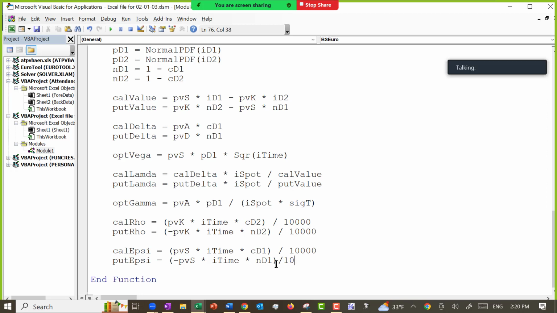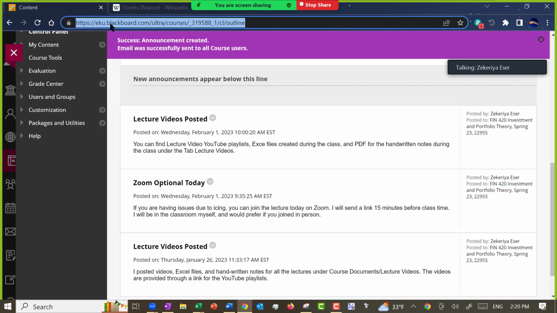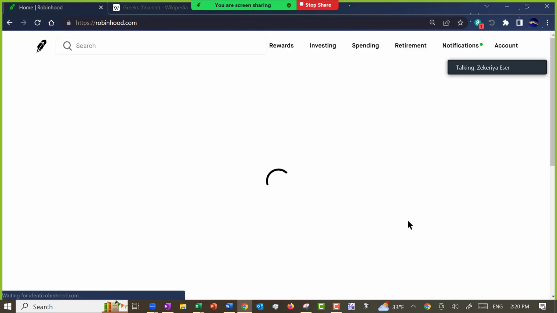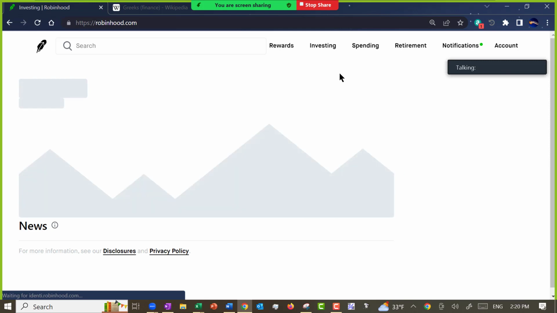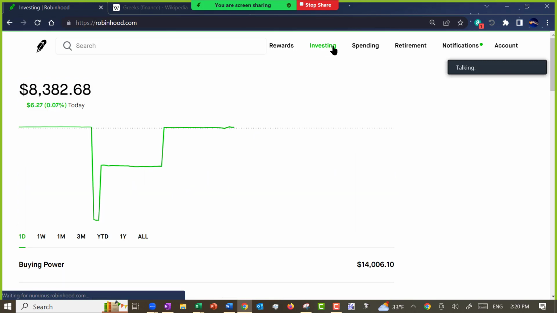As an example, let me show you from Robinhood. Robinhood calculates it for a 1% move. I like doing it for 1 basis point. It's up to you. Actually, I should have an option. Come on.